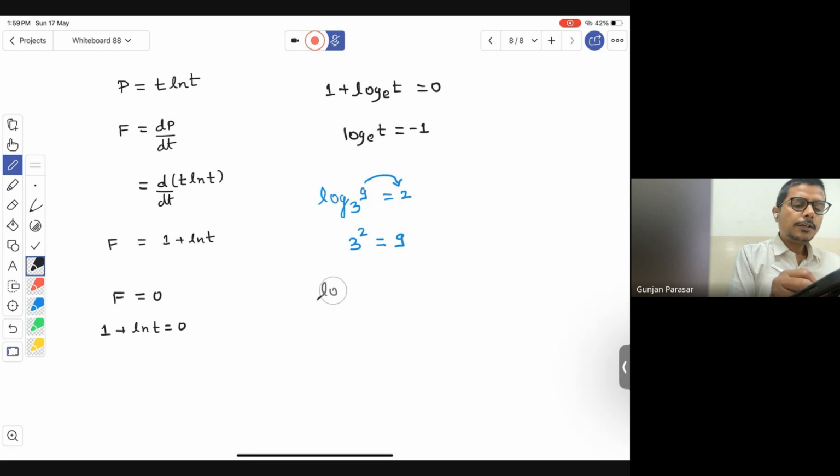Log, its base is e, input is t. And what is lying on the other side? Minus 1, no? So the right hand side will go to the power of e. So e power minus 1, and t will go to the other side. So t became 1 by e.